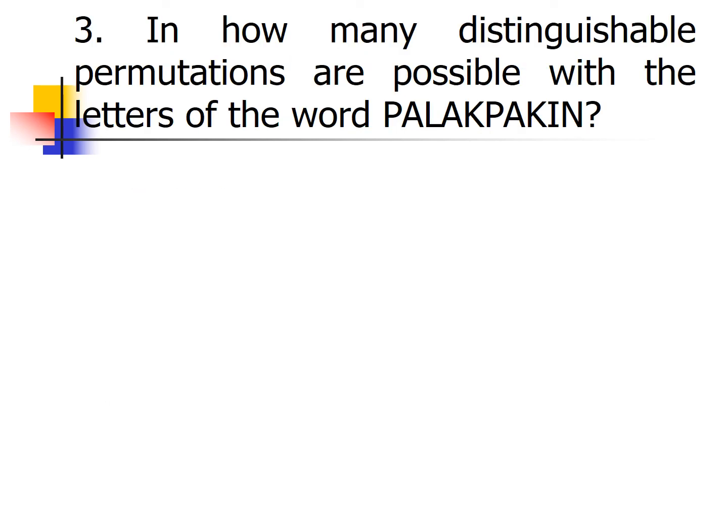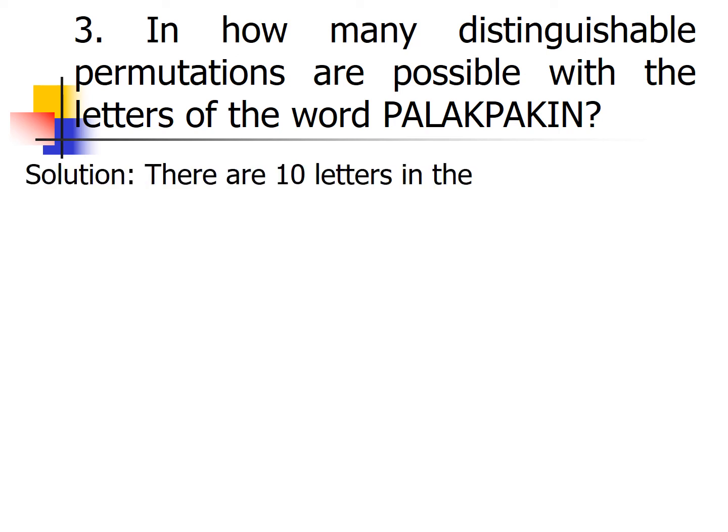So, let's have example number 3. In how many distinguishable permutations are possible with the letters of the word palakpakin? So, you can see that there are some letters that are repeated, di ba? So, yun ang nagfa-fall under distinguishable permutations. For our solution, since there are 10 letters in the word, we can say that n is equal to 10.